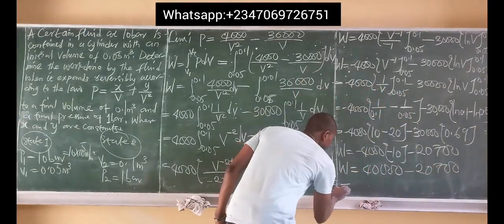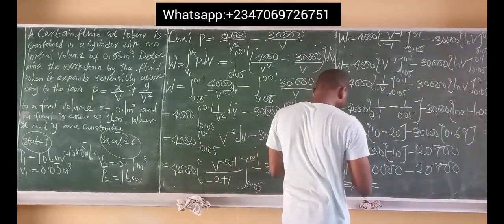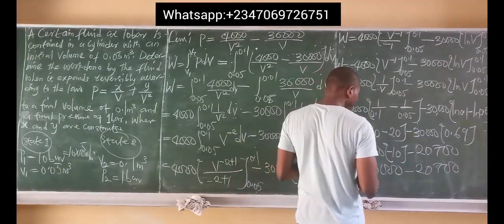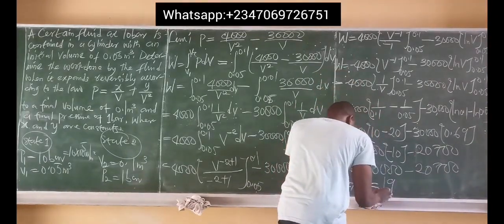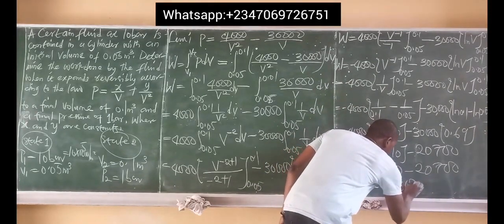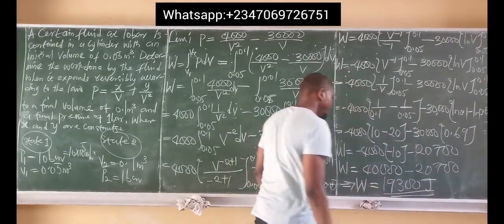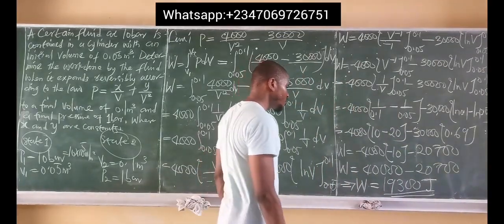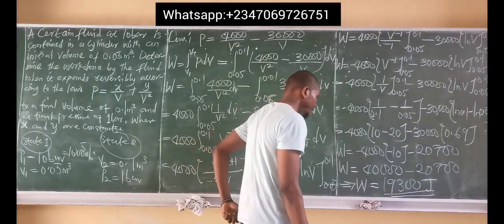So this simply implies that the work done is equal to 40,000 minus 20,700. That simply gives us 19,300 joules. So this becomes the work done, 19,300 joules, or you can actually approximate it to be 19.3 kilojoules.